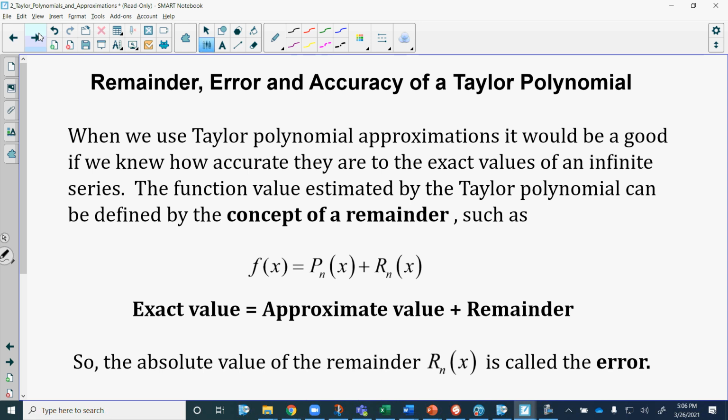And what we're going to see here with the error with the Taylor polynomial is really just saying, hey, because we're talking about an approximation with the Taylor polynomial, there's going to be an error associated with it.